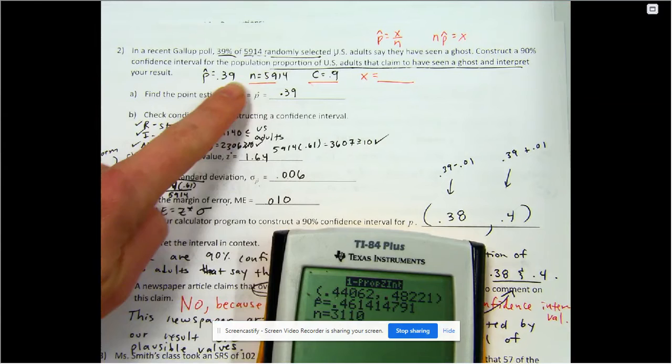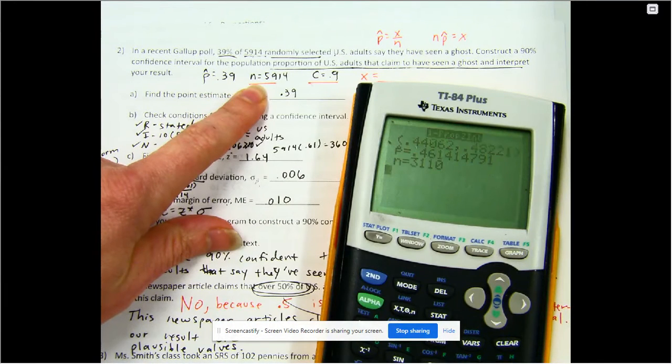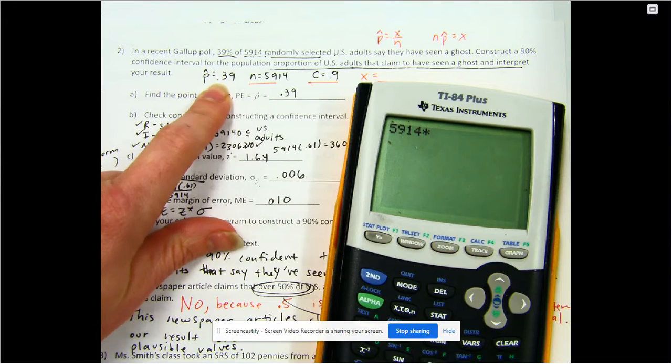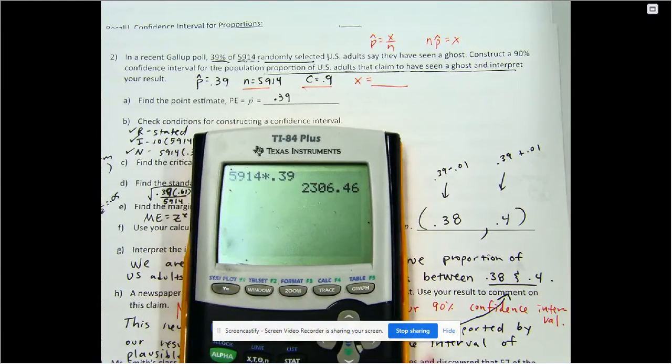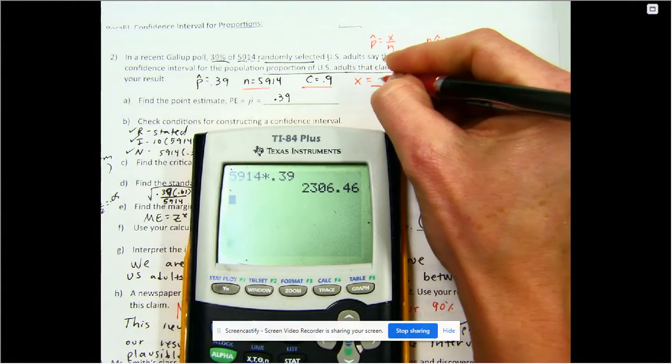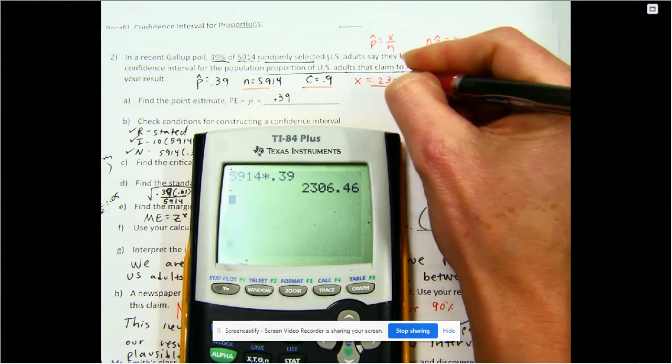We're just going to multiply N, 5914 times 0.39. And notice that we have a decimal. Your calculator will not let you use a decimal for X. So you're going to need to round. Typically, when it's a person, we always round up, even if it's 0.4. So I'm going to call our X 2,307.